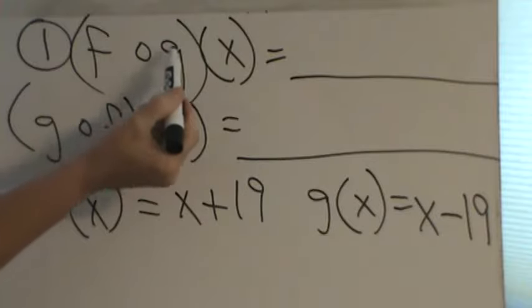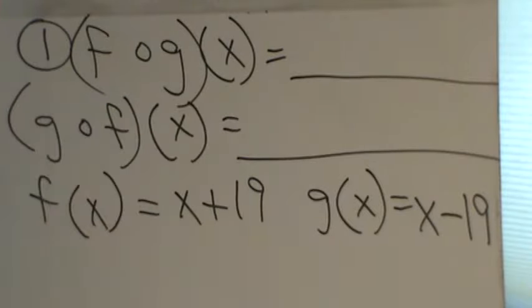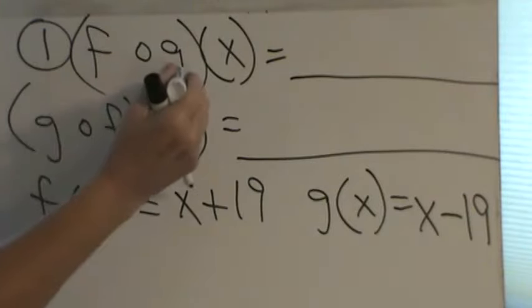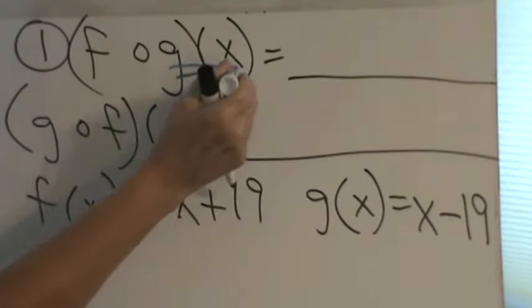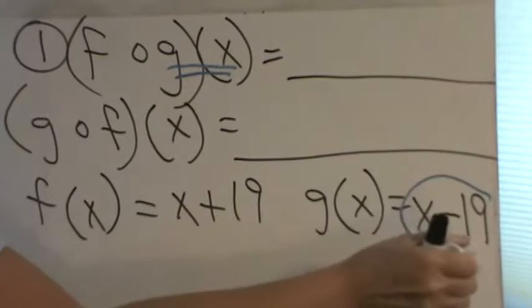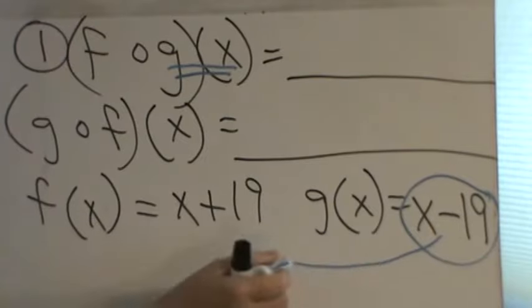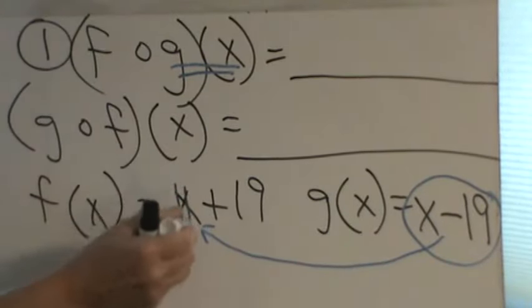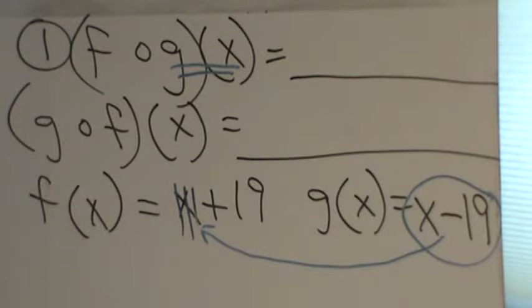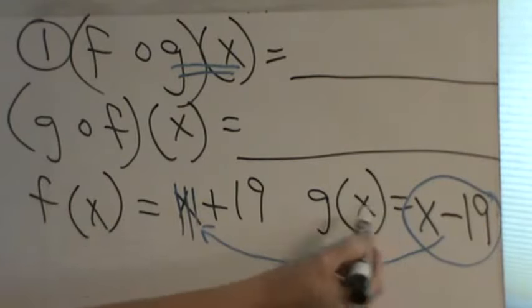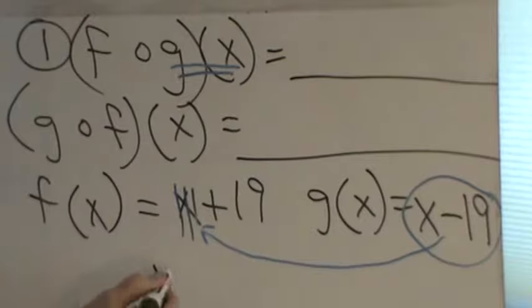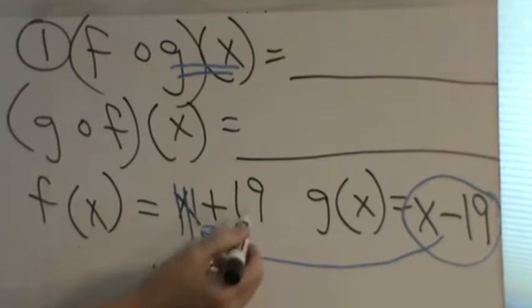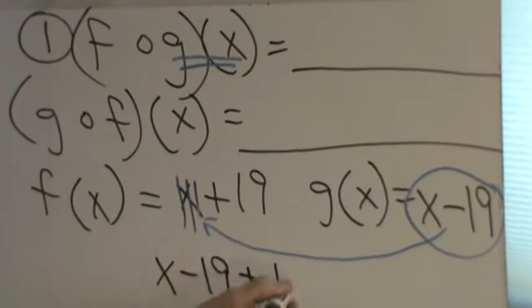F of g of x. It means take the g of x math problem and put it over here into the f of x in place of x. So the new creation is going to be, instead of writing x, you'll write x minus 19, and then you'll continue with your plus 19.